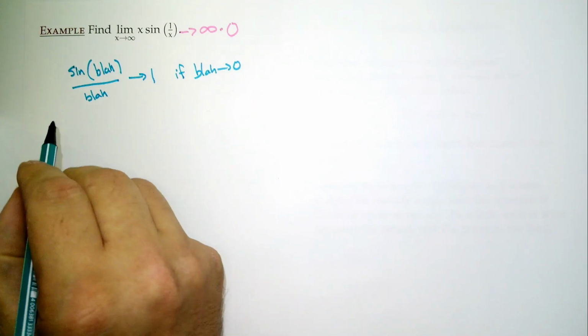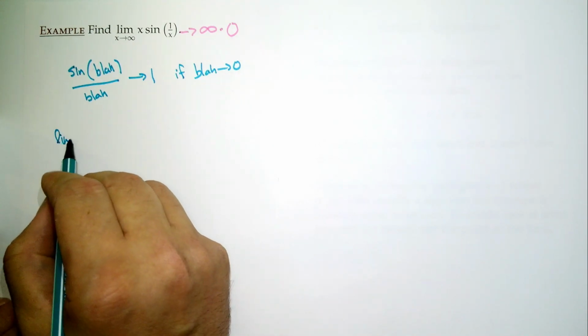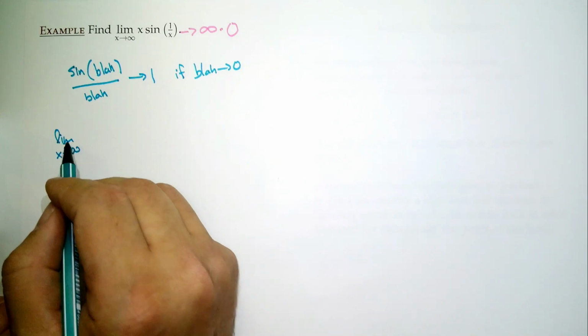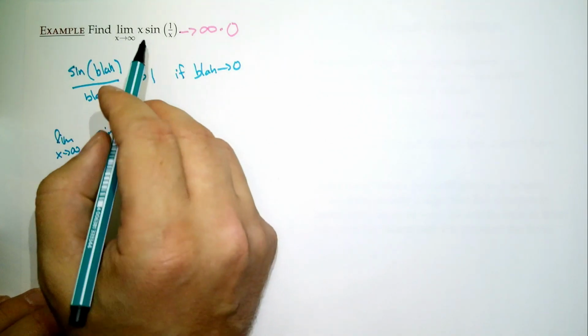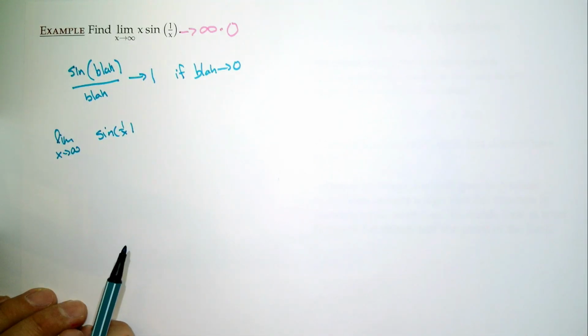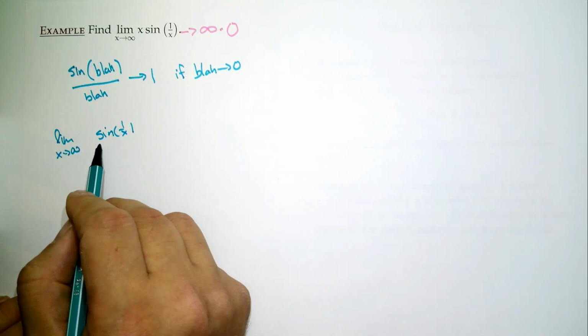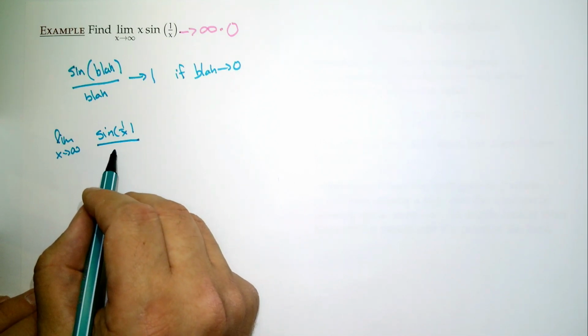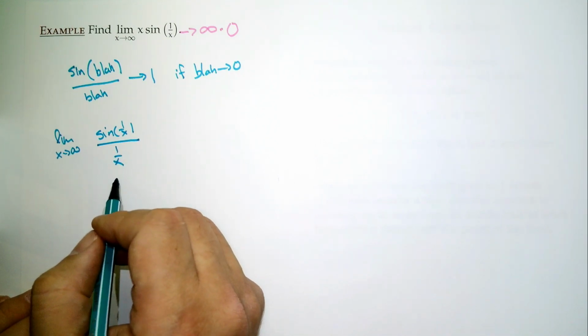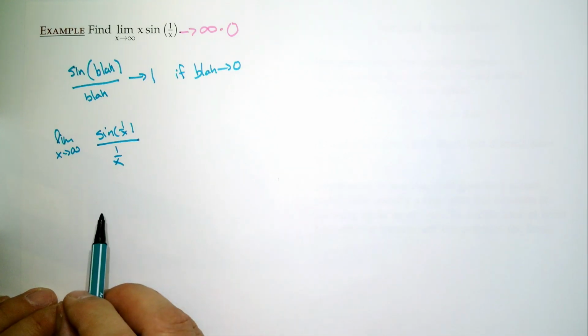So let's think about our current limit. So limit as x goes towards infinity. Well, we have a sine of 1 over x. What can we do with the x? We can put it down. What would it be? If I put it downstairs, what would it be? 1 over x. Now, what do we have?